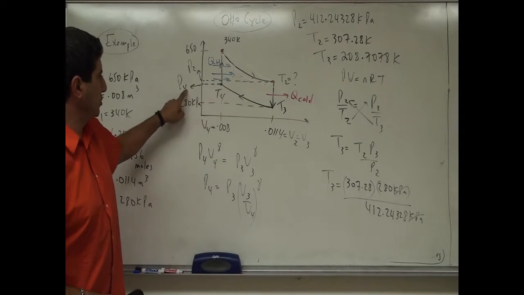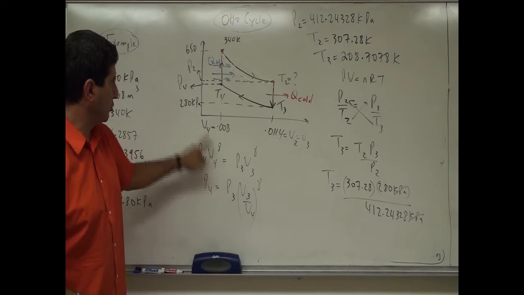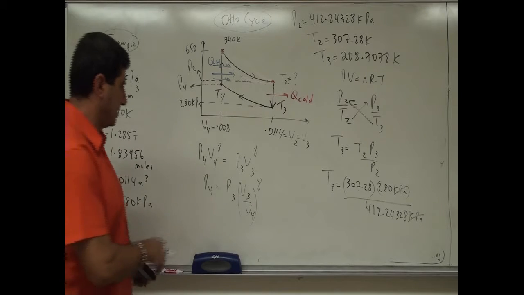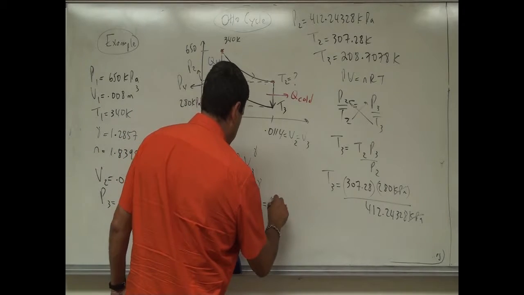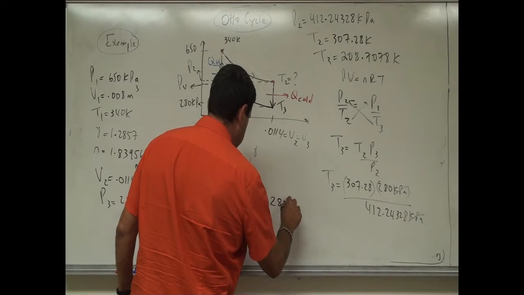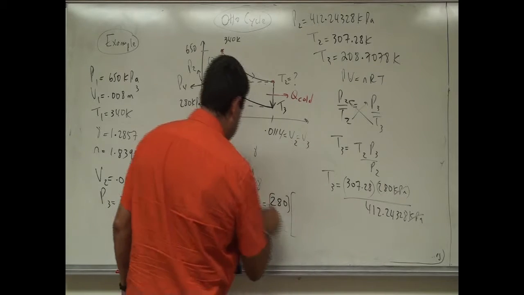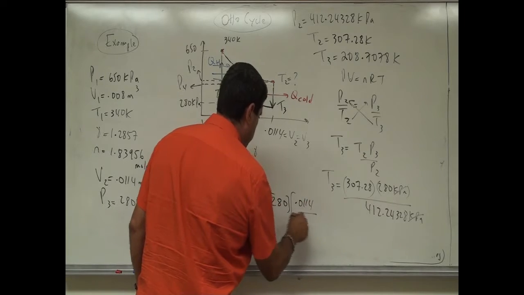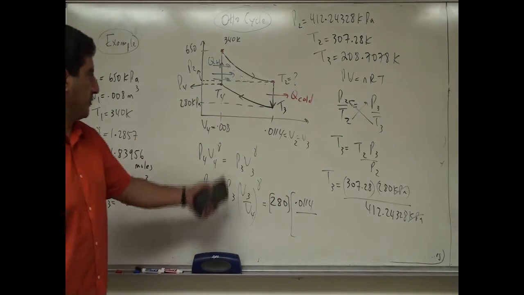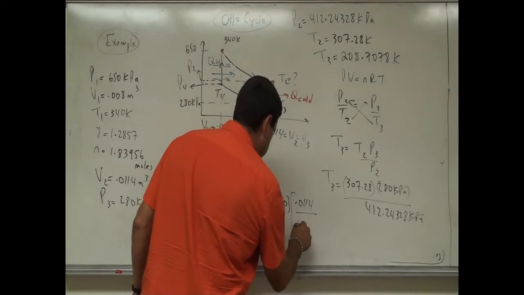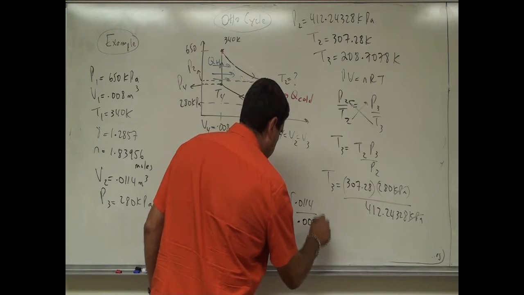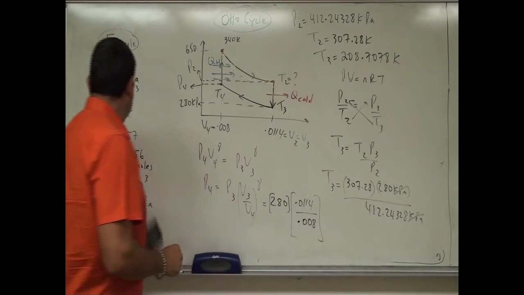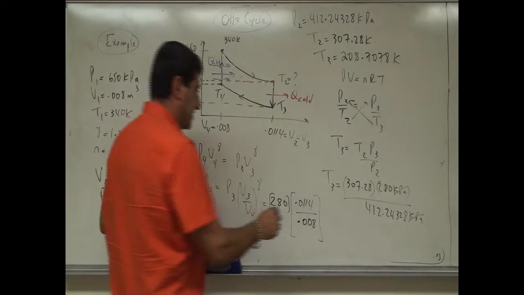So it's the P4 we don't know. P3 we already know is 280 kilopascals. So then I can put here 280 kilopascal, and then V3 is going to be 0.0114, right? And then V4 is the 0.008, to the power gamma, which is 1.2857.